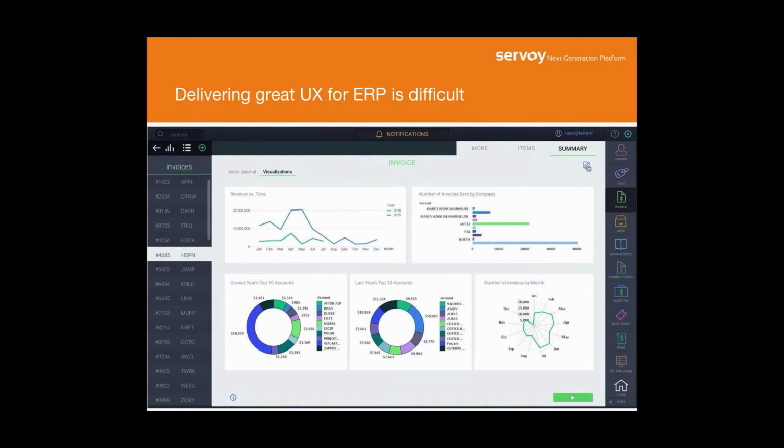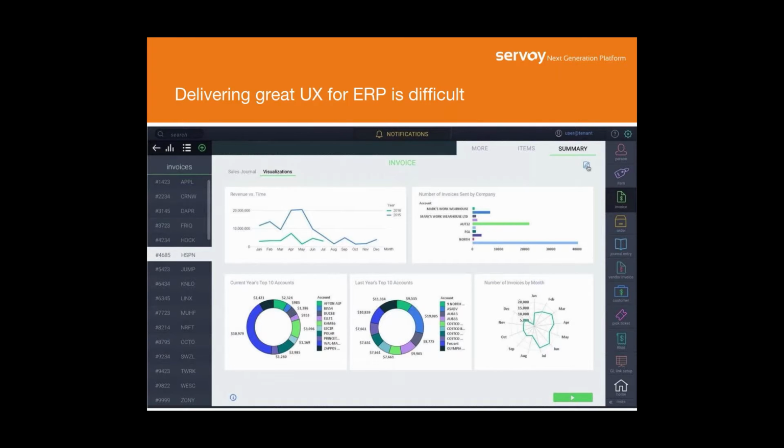The slide you're looking at here is one of our customers who has an ERP in the fashion industry. And they really made it their key point, the user experience. How can we deliver a great UX for something as complex as an ERP?